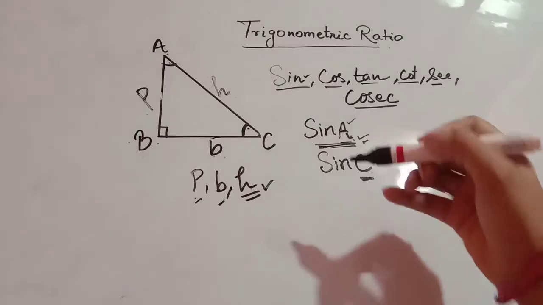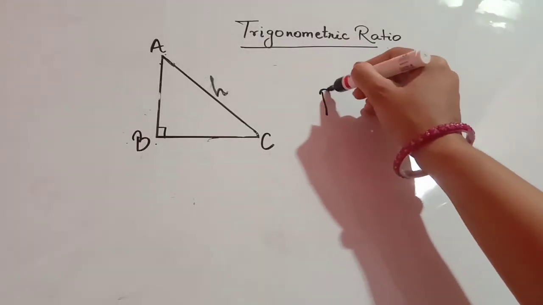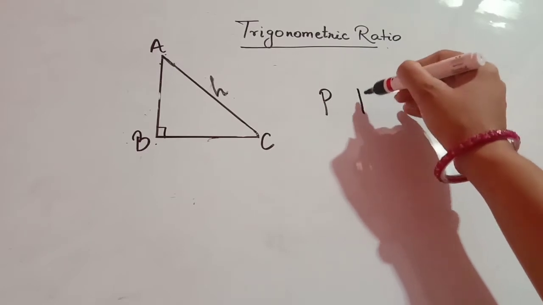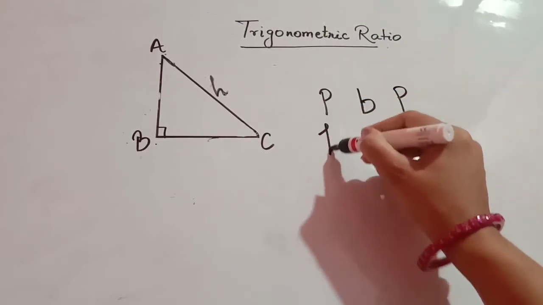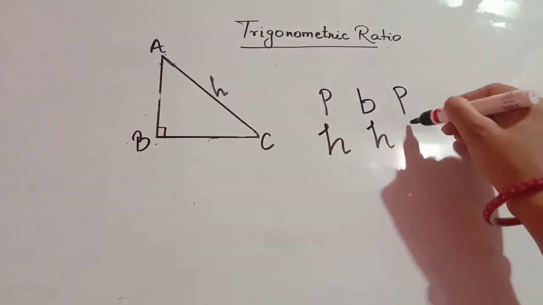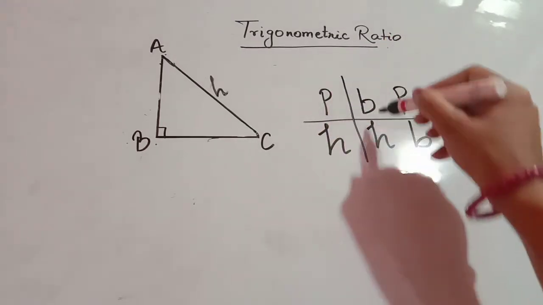Now we know how we find the values. This is a simple trick that you have to learn. P, B, P, H, H, B, and then divide this.